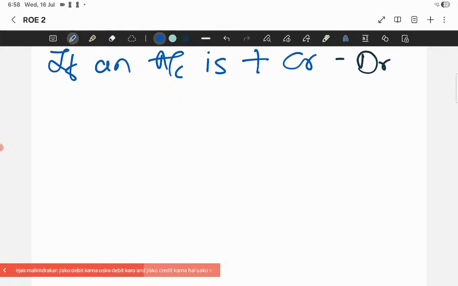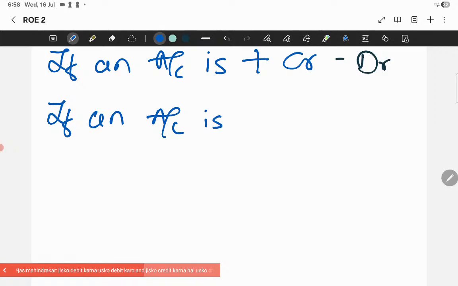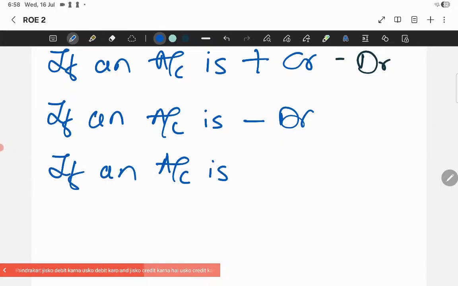Next, if an account is given short debit and if an account is given short credit, what happens?